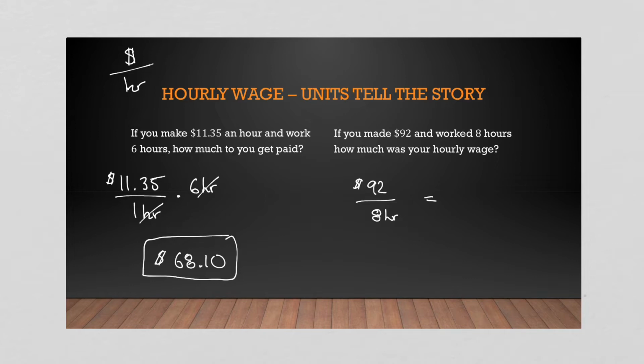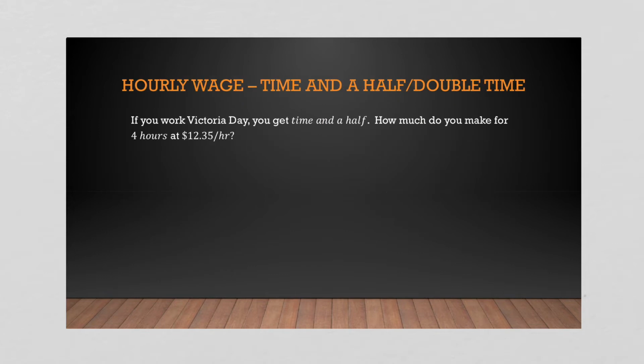And in this case, you'll notice the units don't cancel out because you want $11.50 per hour. So your units stay. Units tell the story. They really help you understand that you're doing the calculation properly. There's so much that goes into understanding what you're doing and not just doing it, because you can just crunch numbers into a calculator all day, but you want to make sure that things are staying the way they should.